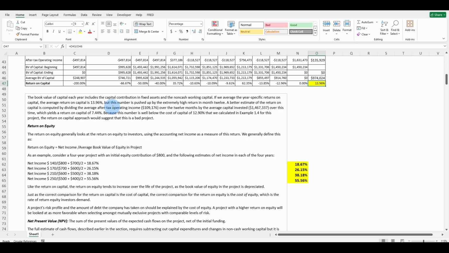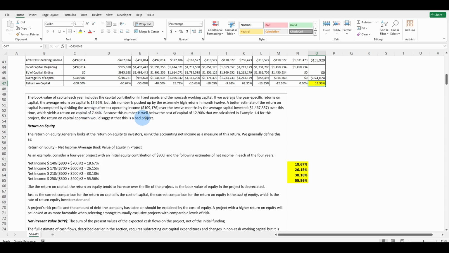A better estimate of the return on capital is computed by dividing the average after-tax operating income, 109,176, over the 12 months by the average capital invested, 1.467 million over this time, which yields a return on capital of 7.44%.